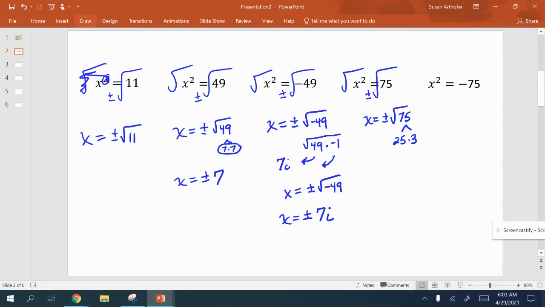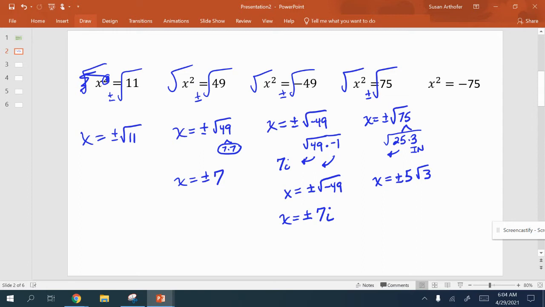So who's out and who's in? Out is 5, in is 3. So x is equal to plus or minus. You cannot forget that, okay? You have to do the plus or minus. Out is 5, in is 3. And that's the final answer.